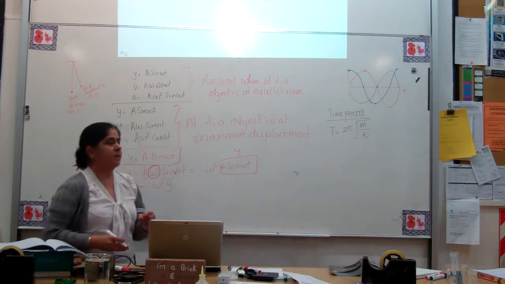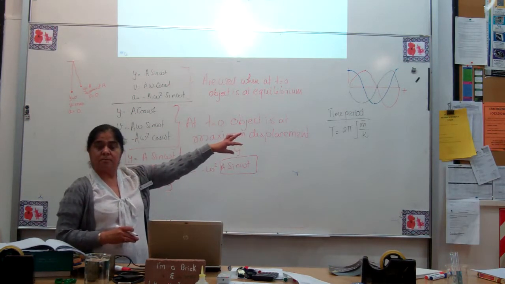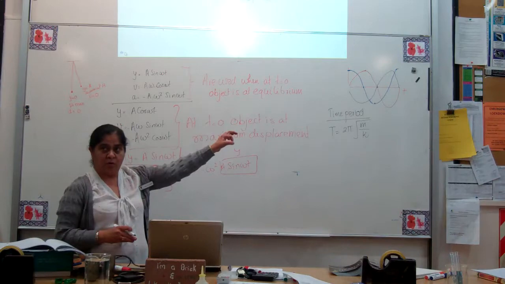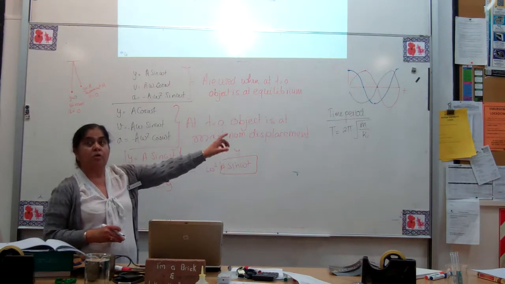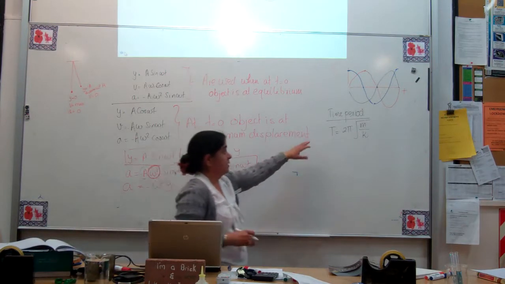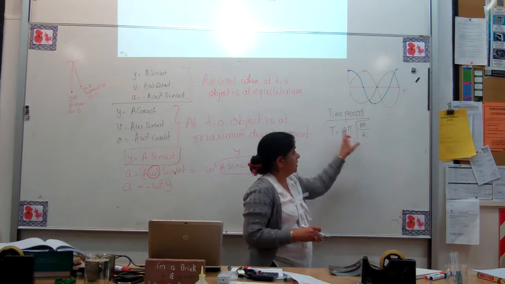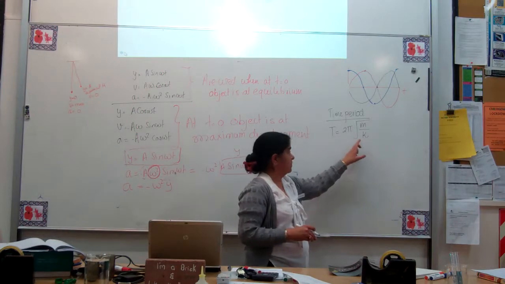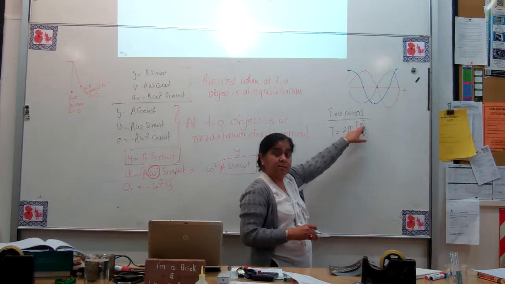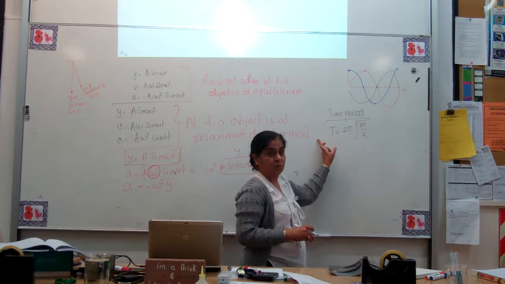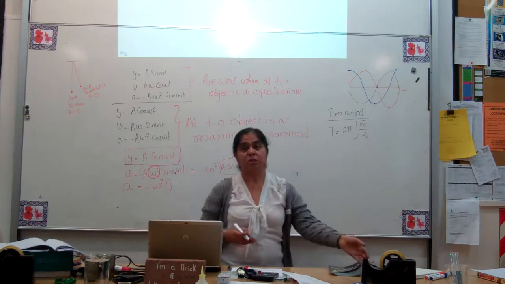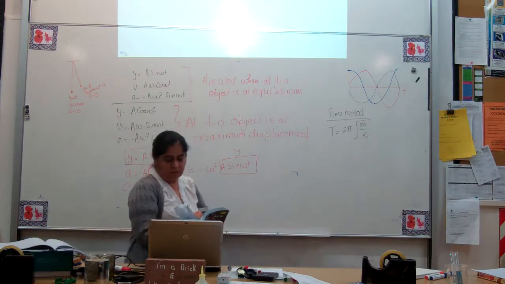Time is only dependent on 2 things: the mass that is hanging on the spring and the stiffness of the spring. You make it a stiffer spring, time period will reduce. Inversely related. Increase the mass, time period will increase. Directly related.